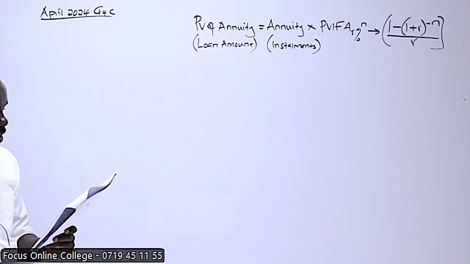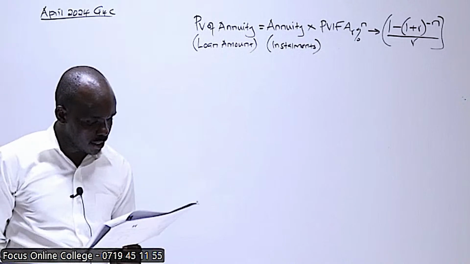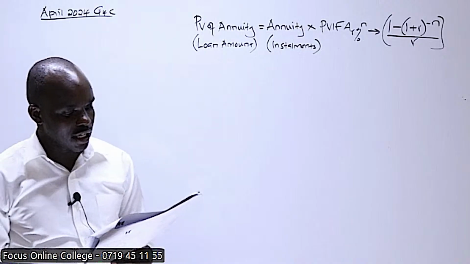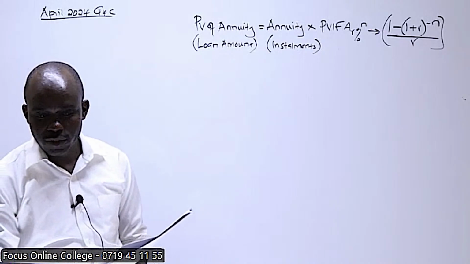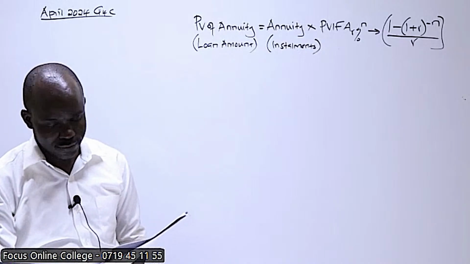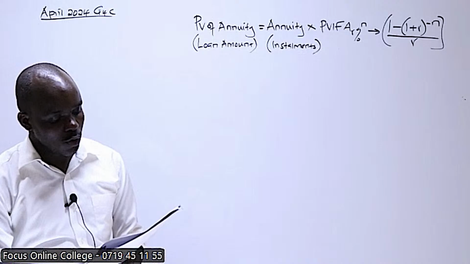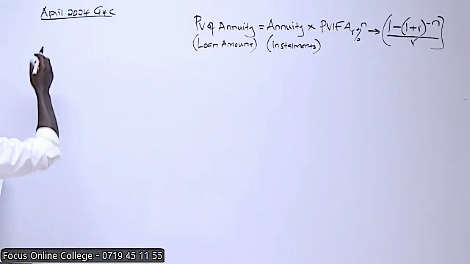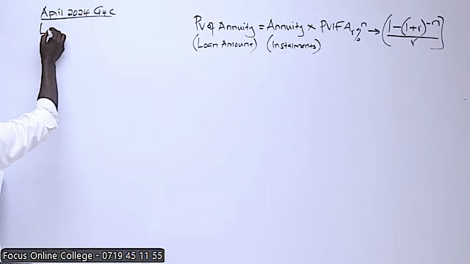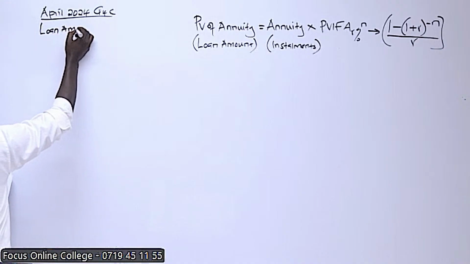a company negotiates a shillings 30 million loan for 8 years from a financial institution. So loan amount is 30 million.